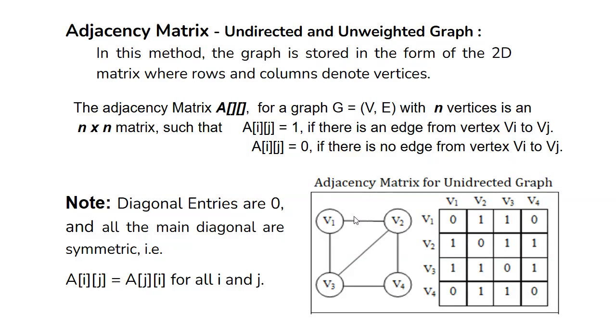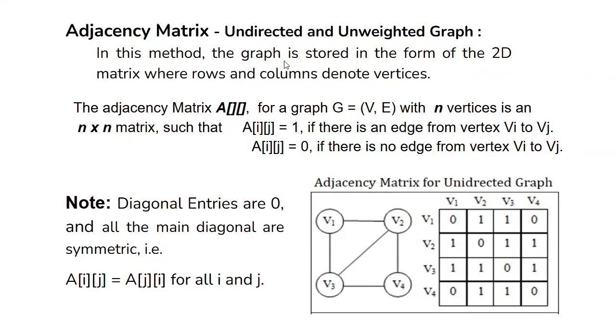If there is no cost on the edges and there is no direction between the edges, then we have to specify either 1 or 0 in the adjacency matrix to represent this kind of graph. And you have to note down one important point: in the adjacency matrix of an undirected graph, all the diagonal values are 0.